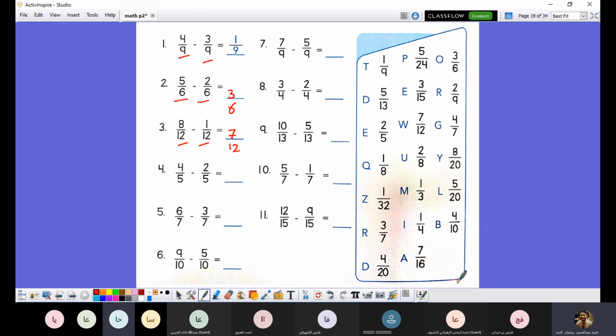Equals 2 over 5. That's right. We have the same denominator, so we'll write here 5. 4 minus 2 equals 2. That's right. Thank you.